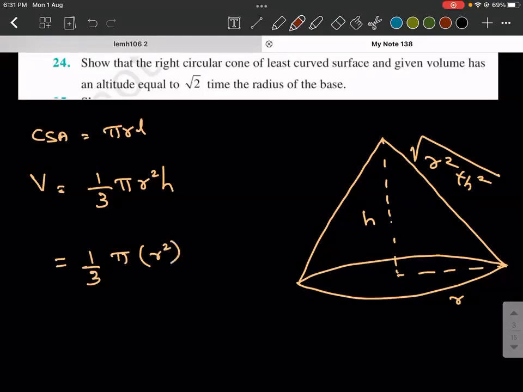In the place of H, what can I write? Nothing, because the volume of the cone is given. So the volume of the cone is given. What I can do is write R² is equal to 3V by πH. Can I do this?